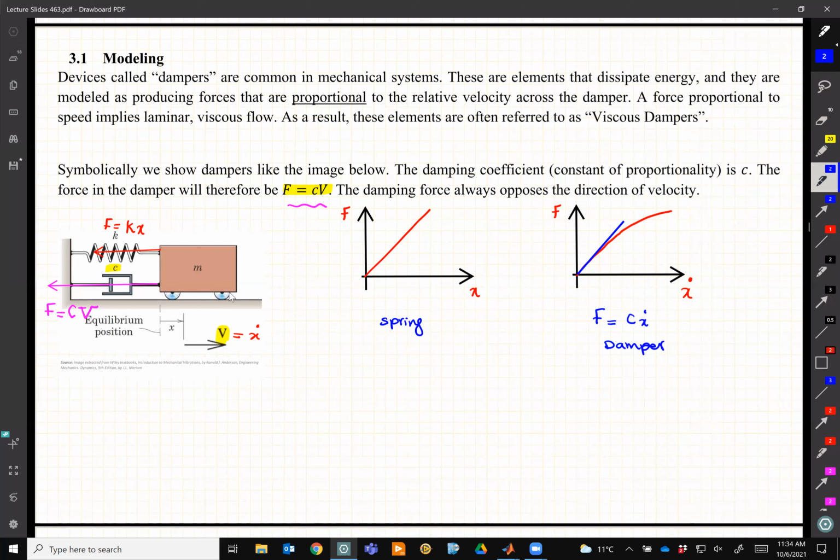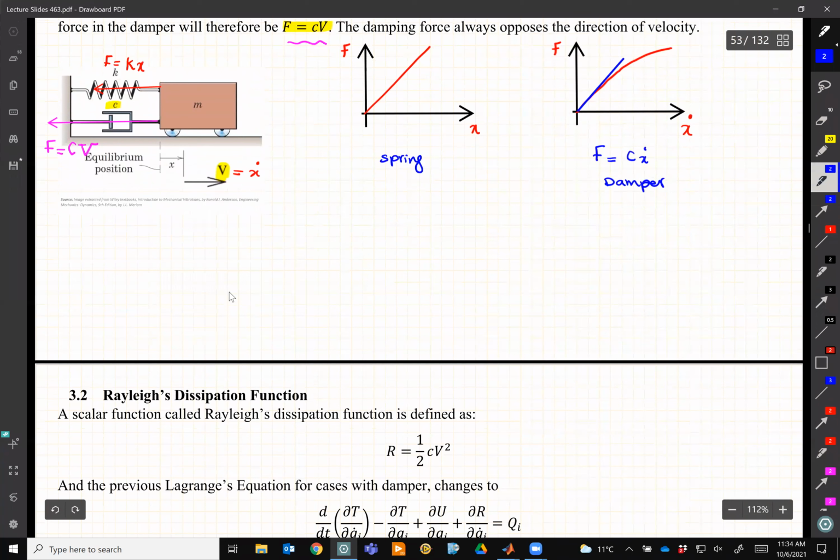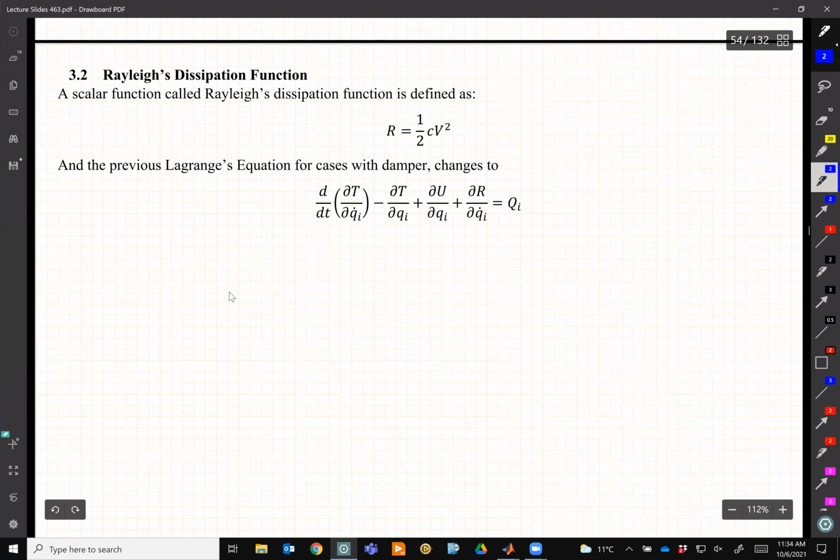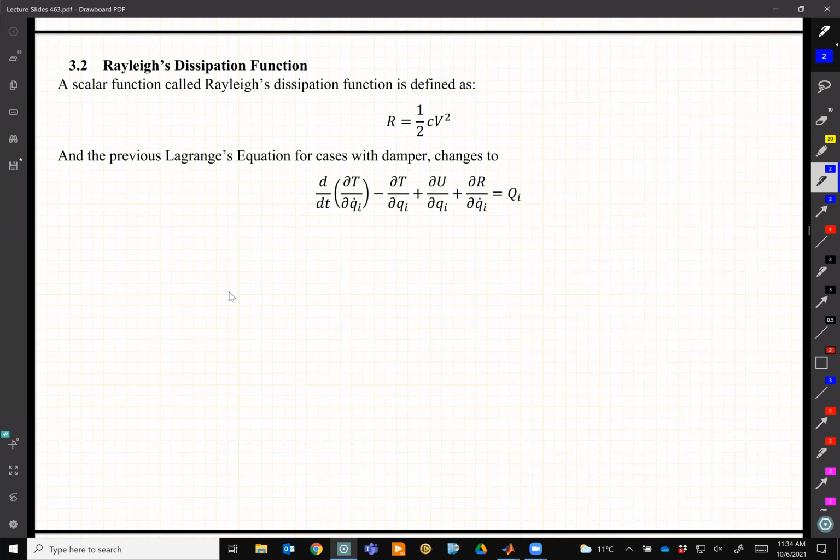Okay, so with that, now let's also deal with something else, and that's Rayleigh dissipation function. Rayleigh is a scientist, probably you've heard his name. I guess he was a professor in Cambridge University. Anyway, he's in math, in many fields, also in vibrations.